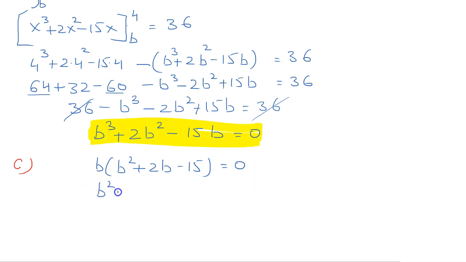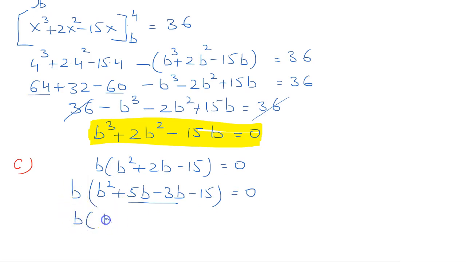So let's say b squared plus 5b, 5b minus 3b is 2b, minus 15 is equal to 0.